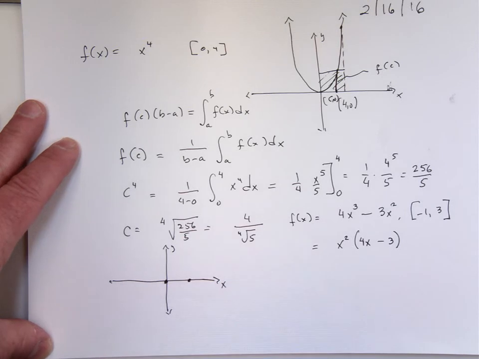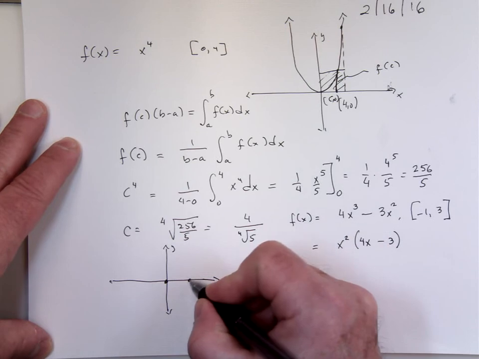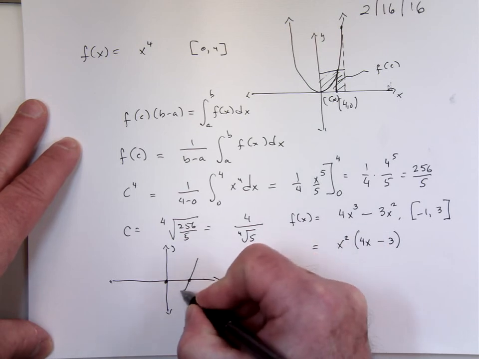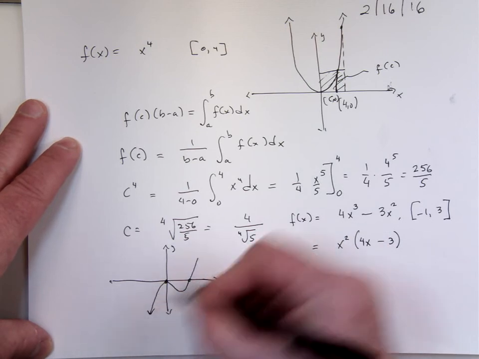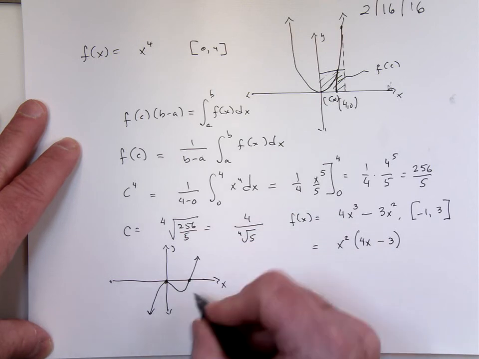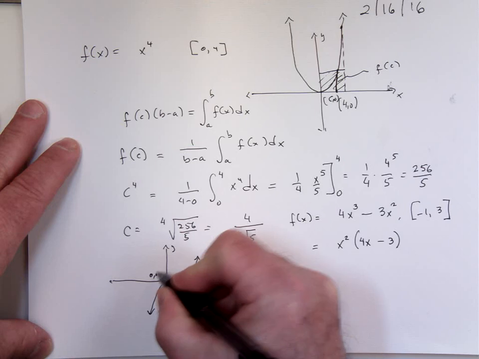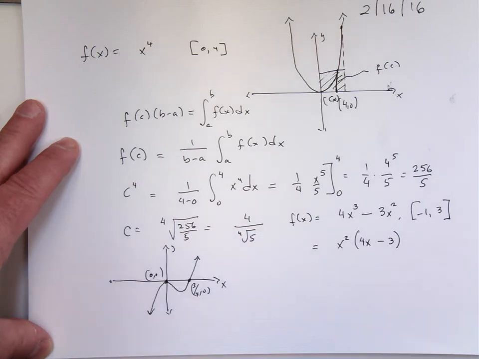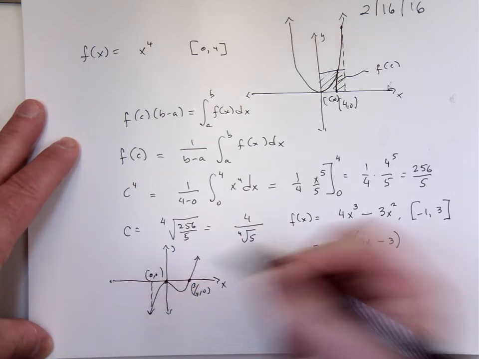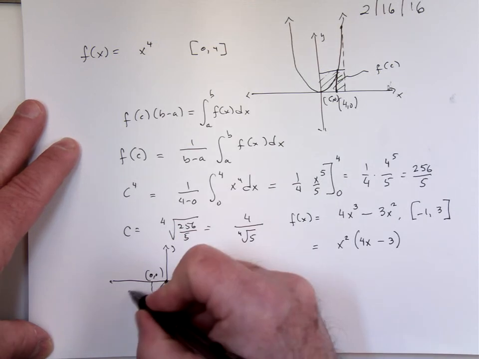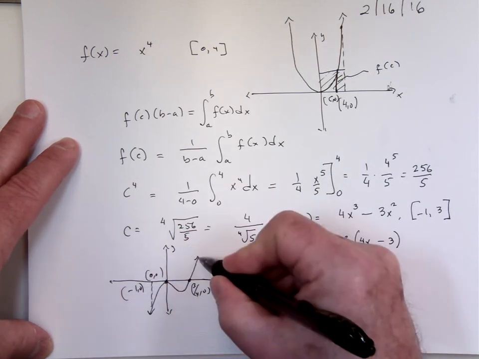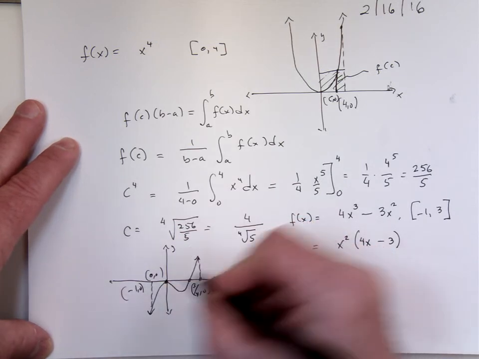So the graph of this function looks like this. This is 3/4, and this is 0, 0 here at the origin. The interval is from -1 to 3, so there could be several values here. We're going over this interval from here to here.